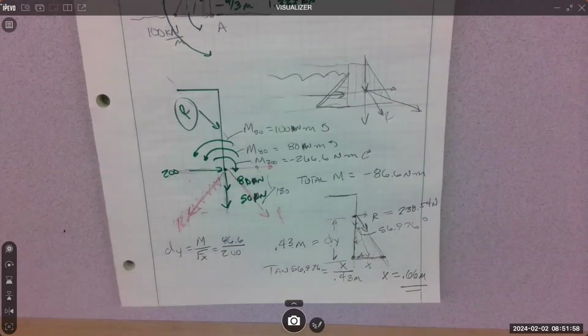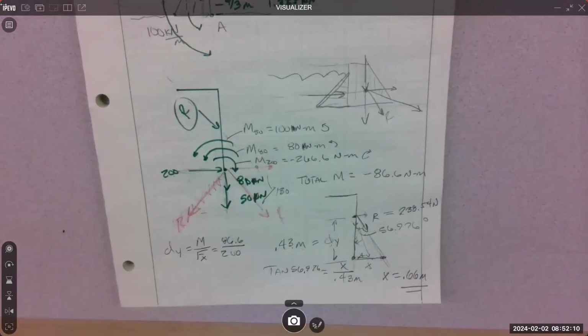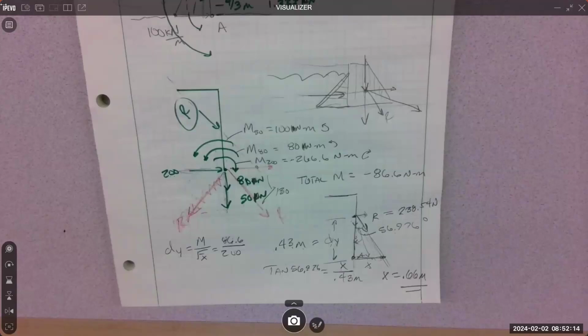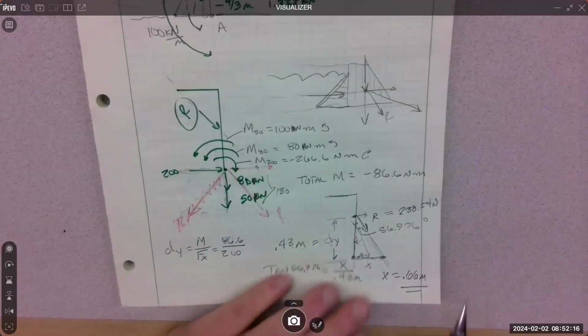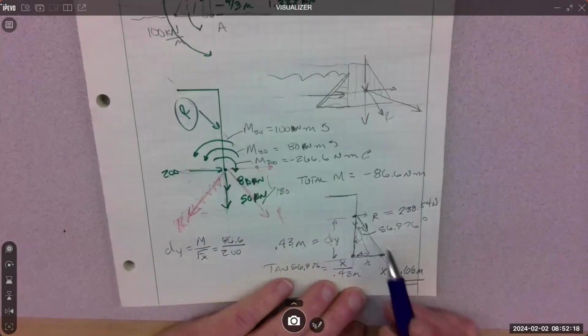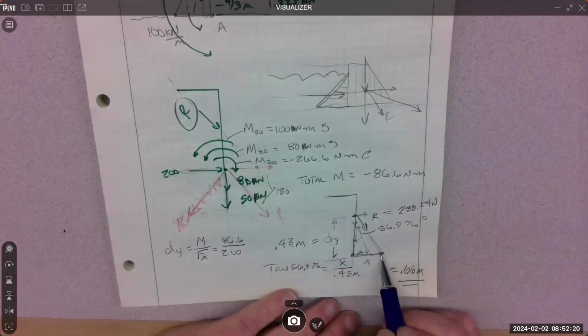Finding the resultant is complicated enough, but then they're asking to shoot it down through. But it's a very legitimate question, like it gives you stability or not. So, 0.66 meters is where that resultant intersects the grade.